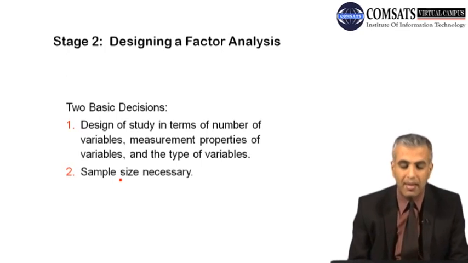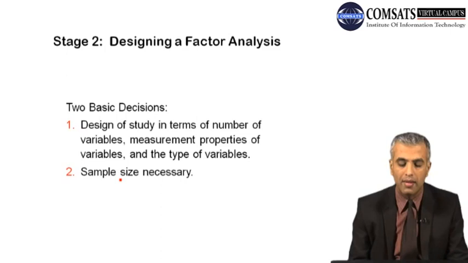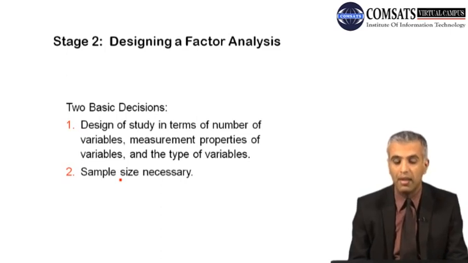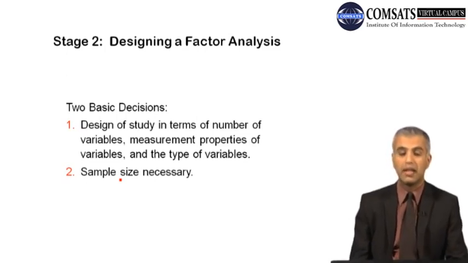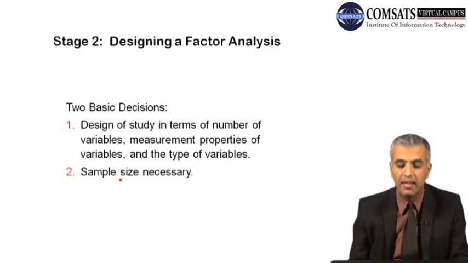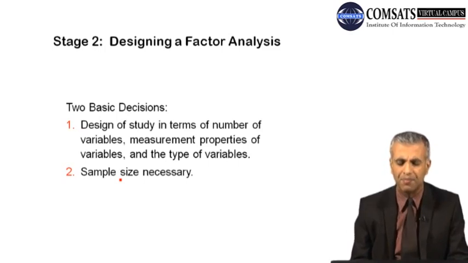Designing here is more related to how many variables would be used, what the measurement properties of the variables would be, and the types of variables which we would be needing. These different options are vital for designing the factor analysis.